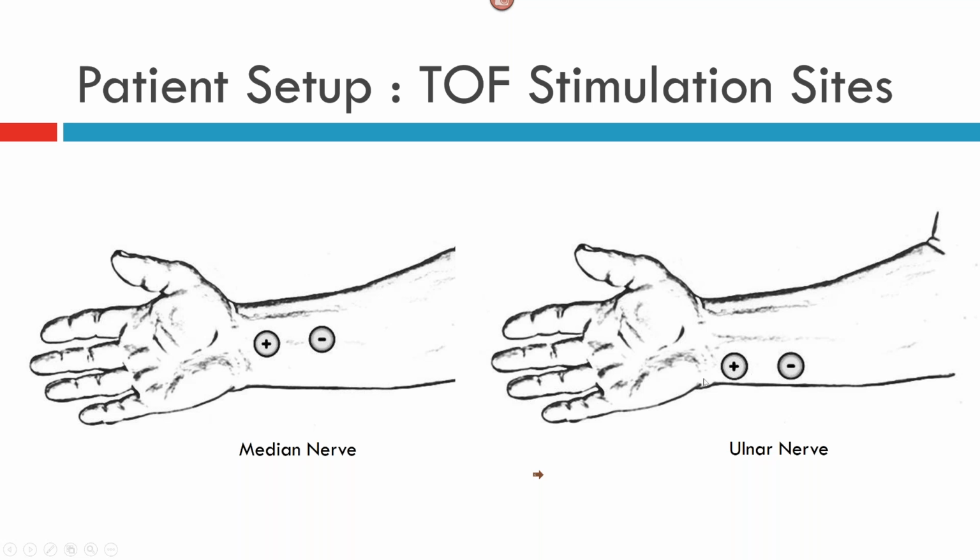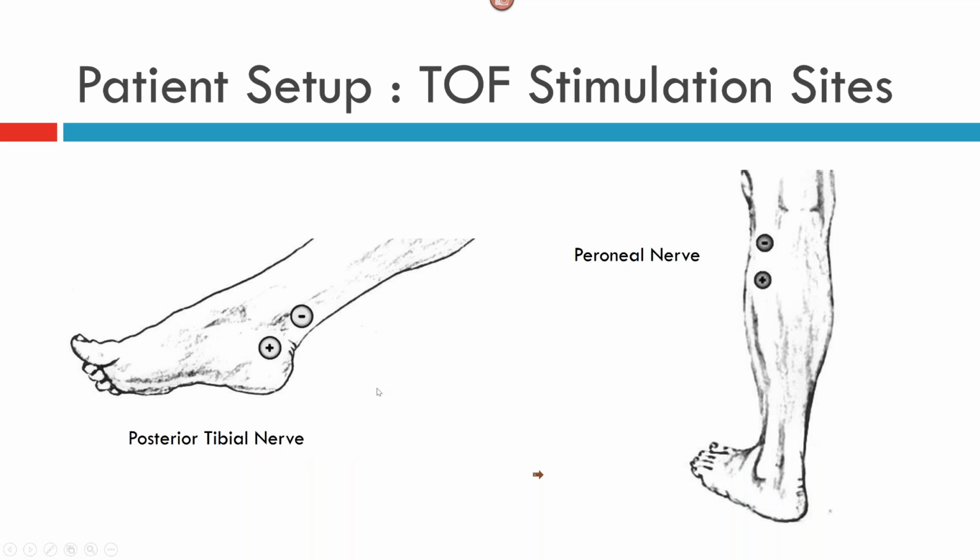So the negative becomes the distal and positive becomes proximal. For posterior tibial nerve, the anode should be behind the ankle. For trainer 4, for SSEP it should be the same, and the positive or anode is distal, and reversing the polarity will make the change.